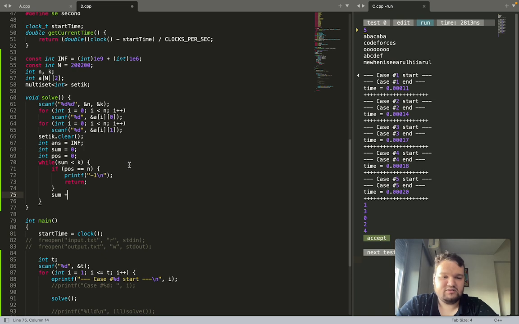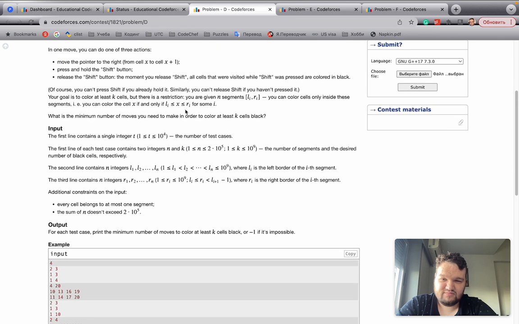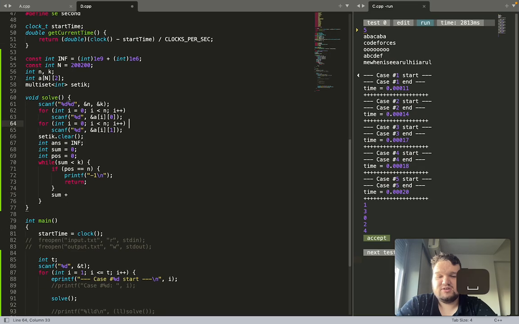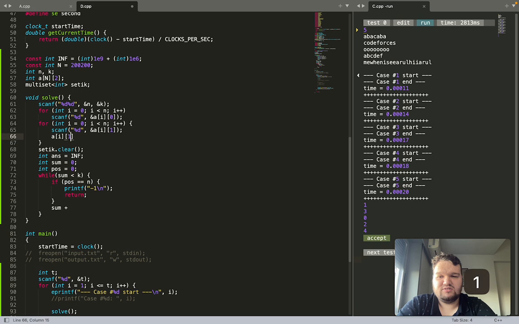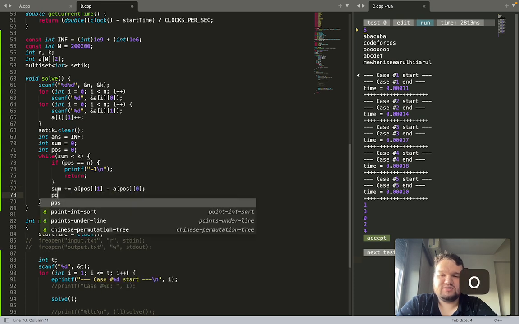I don't like inclusive intervals, so I will increase the right border, so the right border is not inclusive now. Then the length is just the difference.